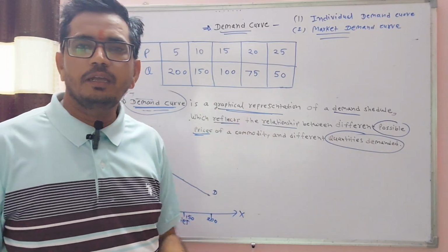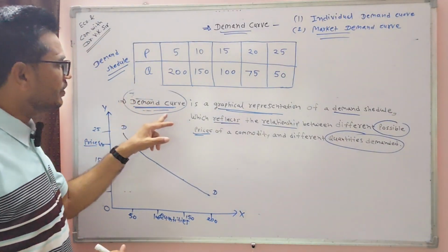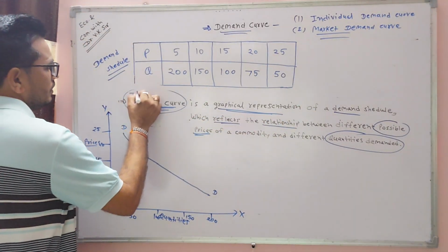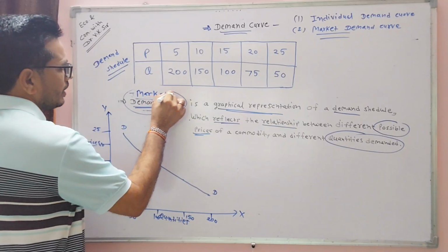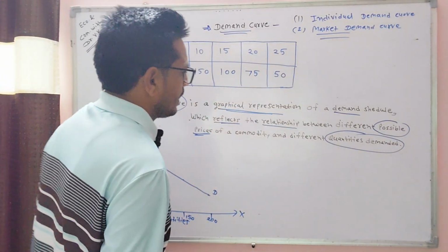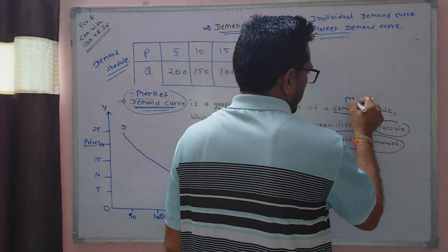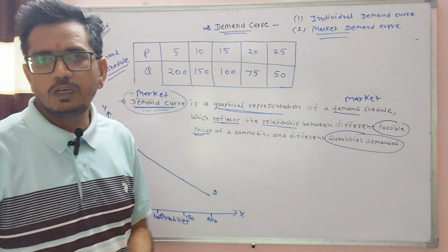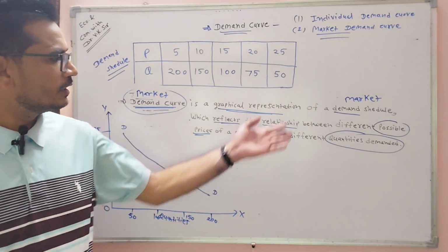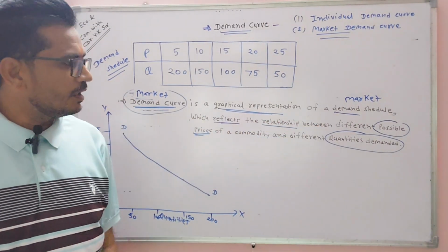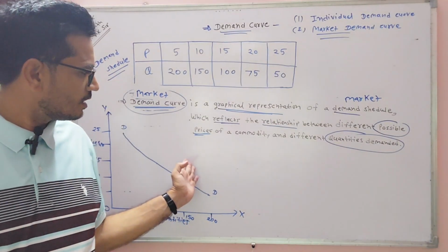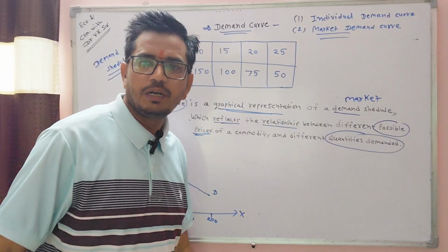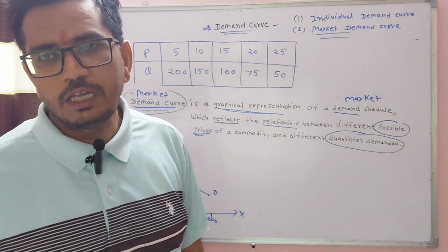So the market demand curve is a graphical representation of the market demand schedule. The other thing is the same: it reflects the relationship between different possible prices of a commodity and different quantities demanded. No difference.